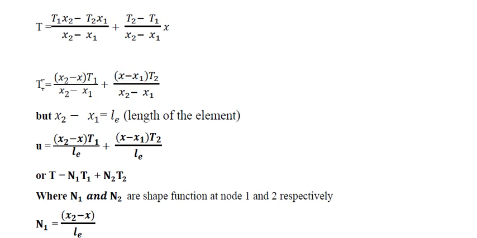So the global temperature over the element is some coefficient into T1 plus some coefficient into T2. That coefficient is the shape function. x2 minus x1 is the length of the element. This is not u, this is T. Please make the correction, that is T.